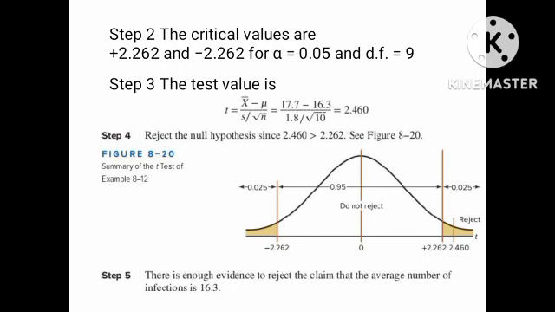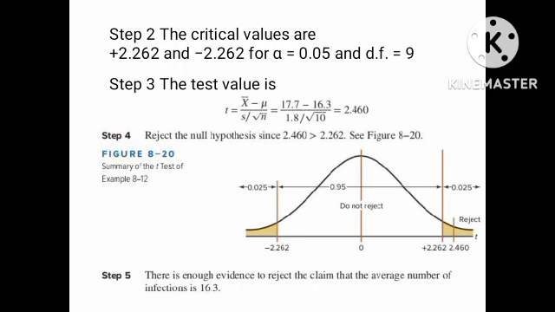Because our test value is greater than the critical value, it is rejected, because the not-rejected region is in the middle or center of our bell-shaped curve. If the test value is less than the critical value, it is not rejected, but if it is greater, it is rejected.